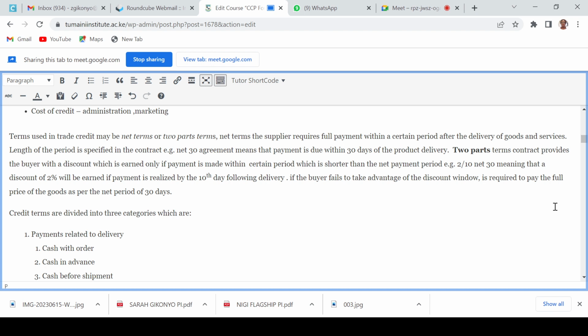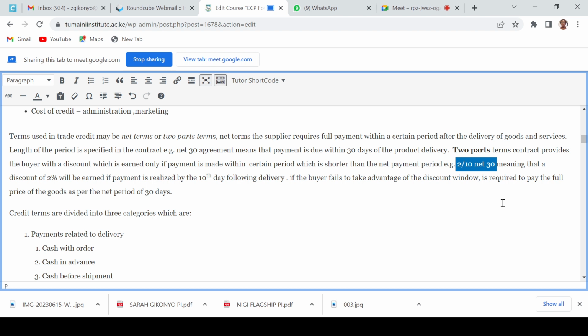You will find terms defined like net 30, net 60, net 90. All that is to say that payment is expected after 90 days, right? You will find other payment terms that say, like where I'm highlighting, 2/10 net 30. Good.